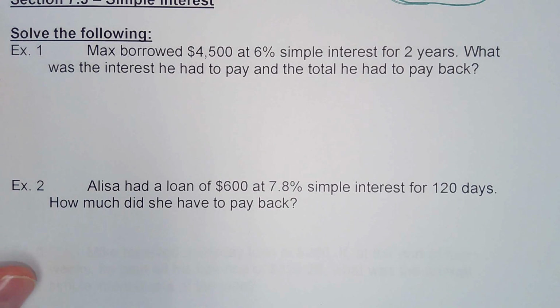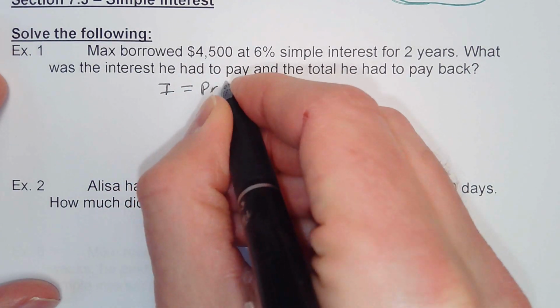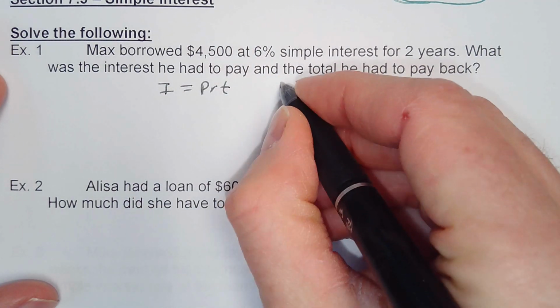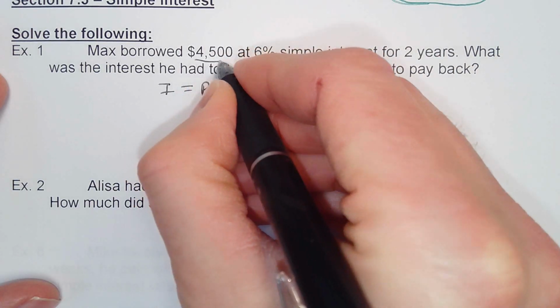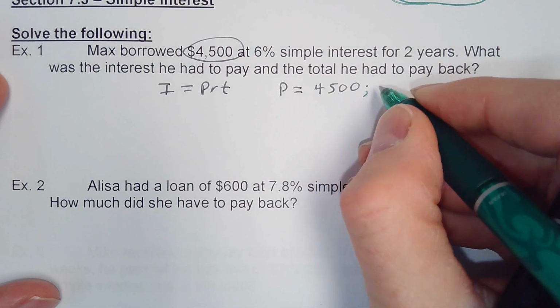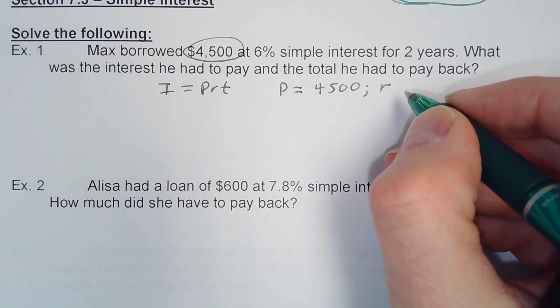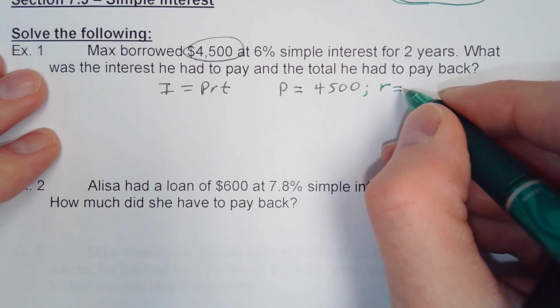Alright, so we're doing our simple interest. I equals PRT. So our principal here is the $4,500. Our R here is 6%, but I need to write that as a decimal, so slide the decimal over 2 places.